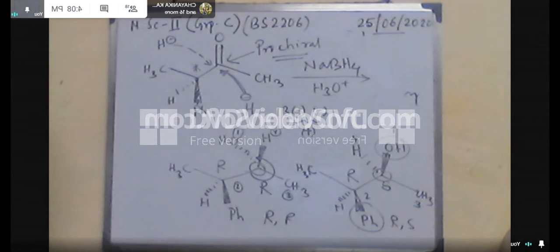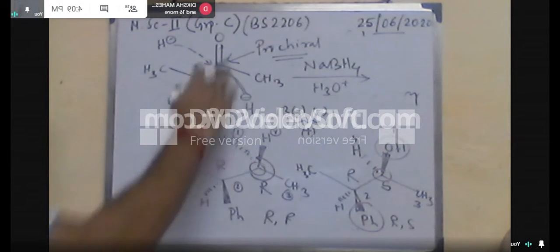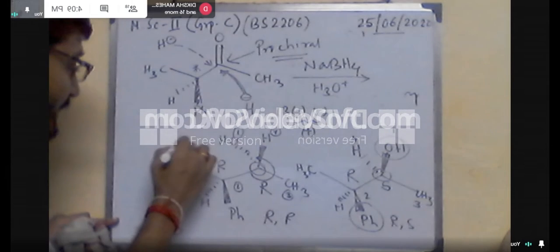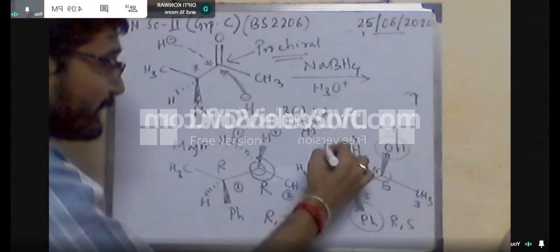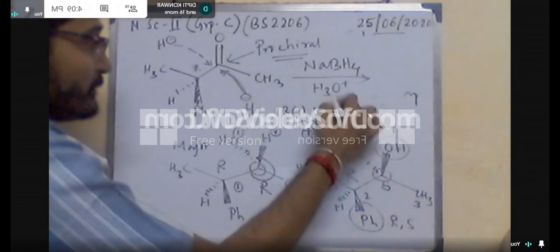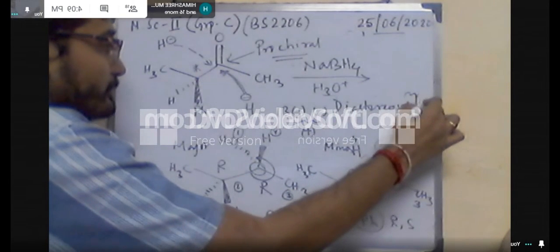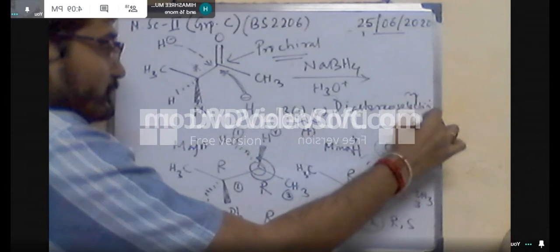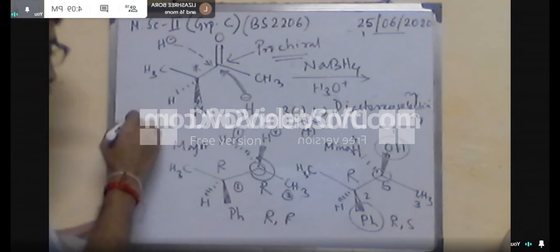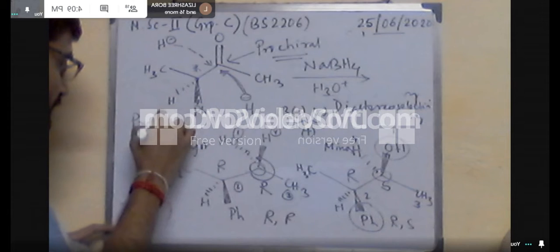Now in the last unit test, what I have found is that most of you changed the configuration of this chiral center, and this is due to a misconception in the reaction. So generally here you can see that Ph is in the downward side.